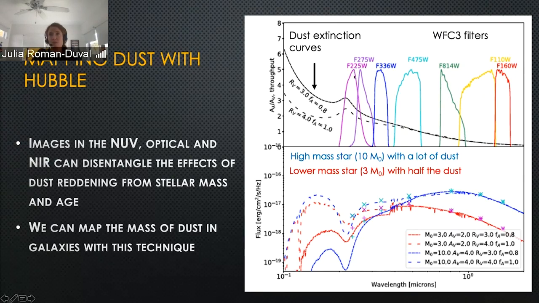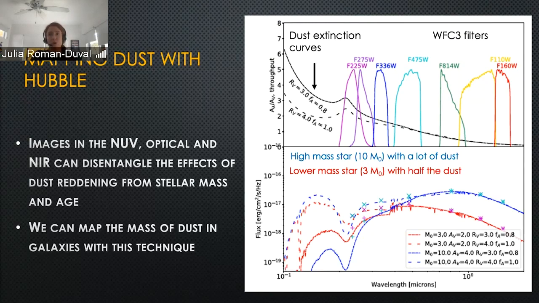So the near UV would be F275W, for example. F475W is in the optical. And then I included the Hubble WFC3 infrared filters, but in this case, we'll actually use, obviously, the JWST images in those filters. Now, we can use those images to infer how much dust is in those galaxies. You may know that more massive stars are bluer and brighter than lower mass stars, which are redder and fainter.